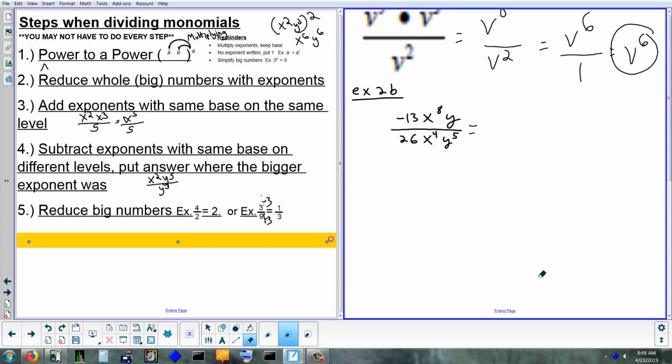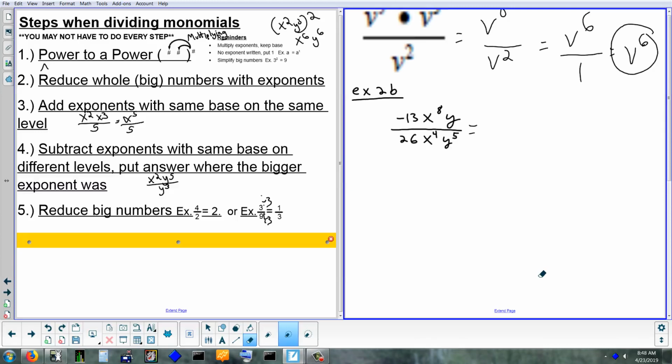Miguel, do I have step 1 here, power to a power? No. Why? I don't have any parentheses, right? So there's no power to a power. Reduce whole numbers with exponents.